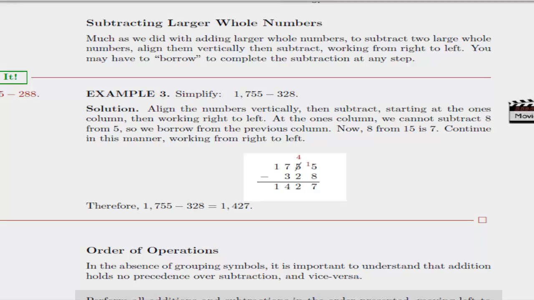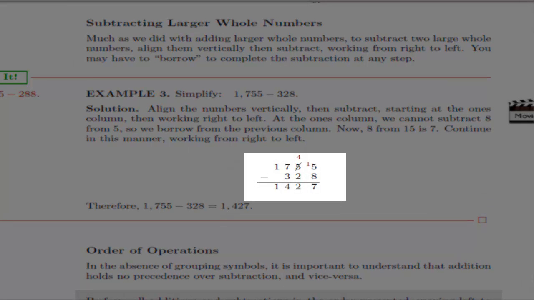Solution. Align the numbers vertically, then subtract, starting at the ones column, then working right to left. At the ones column, we cannot subtract 8 from 5, so we borrow from the previous column. Now, 8 from 15 is 7. Continue in this manner, working from right to left.